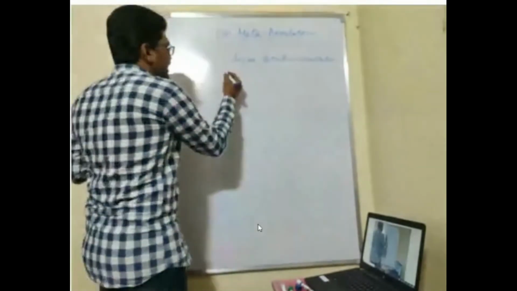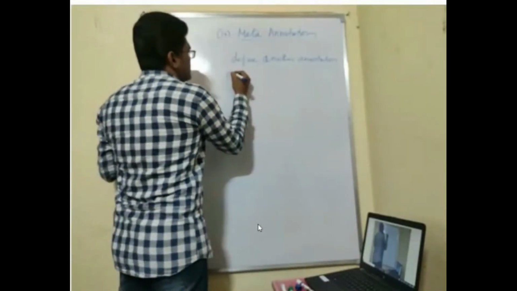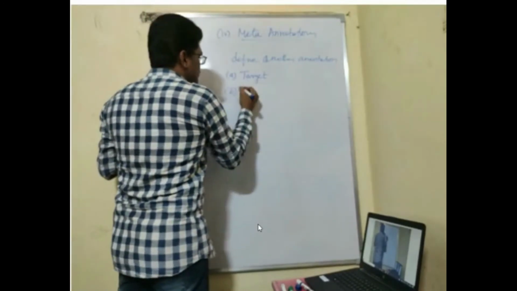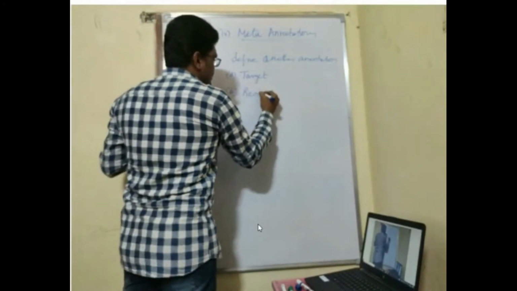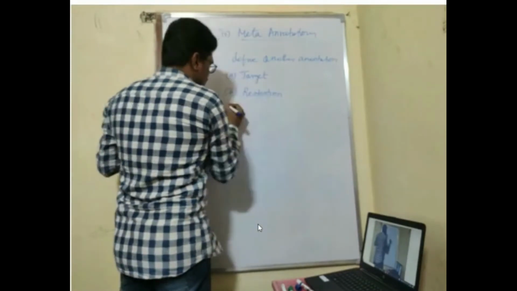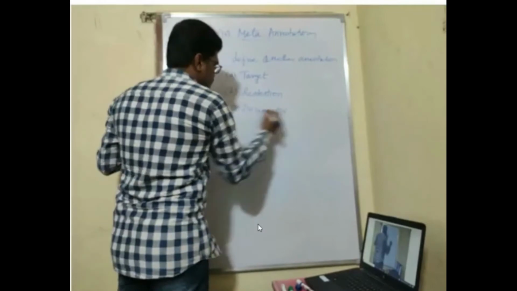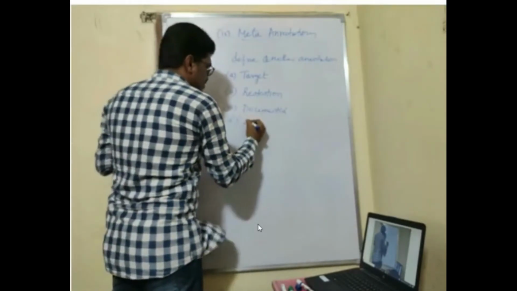Okay, here we have different types. The first one is Target, the next one is Retention, the third one is Documented, and the fourth one is Inherited.